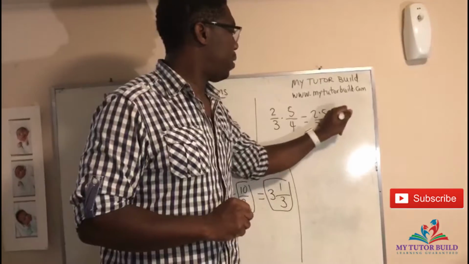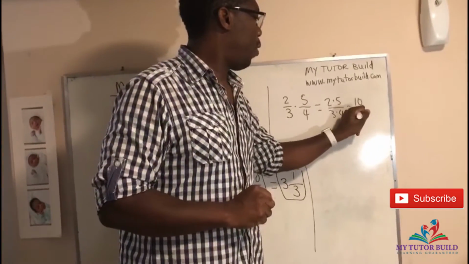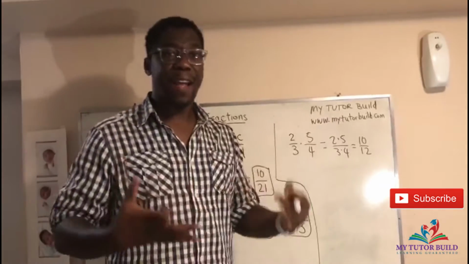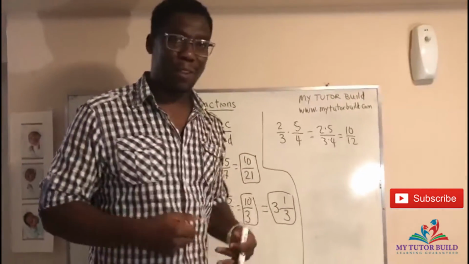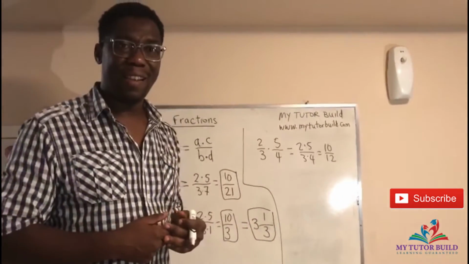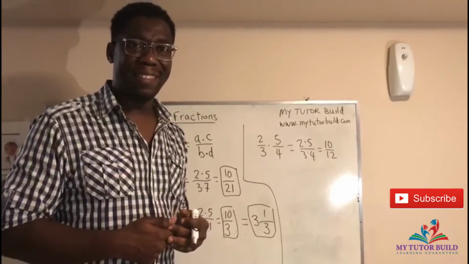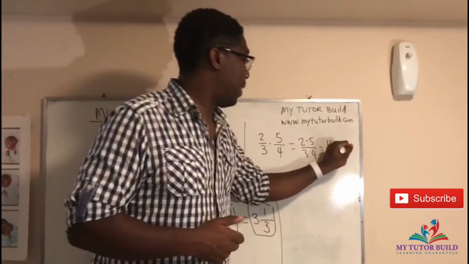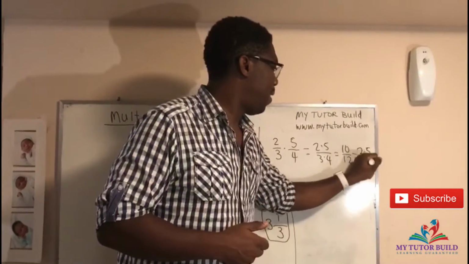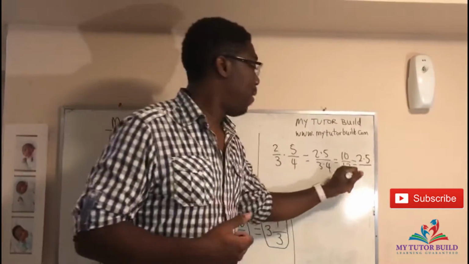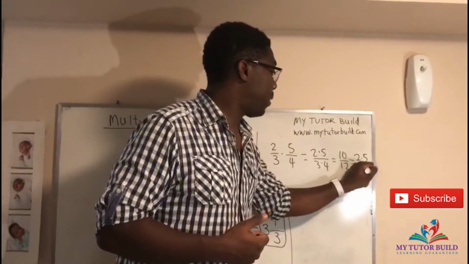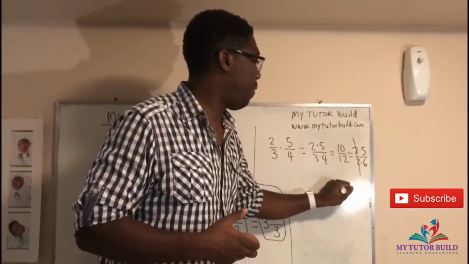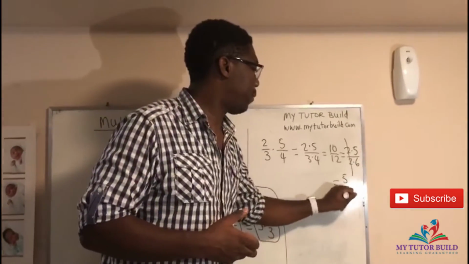So that gives you 10 over 12. But these two numbers have a common factor. Do you know what a common factor between 10 and 12 is? Yes, 2. So that means we can write 10 as 2 times 5, and 12 as 2 times 6. When we cancel out the 2, we have 5 over 6 left.